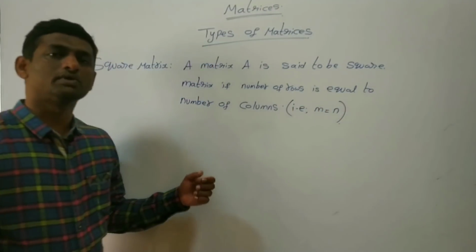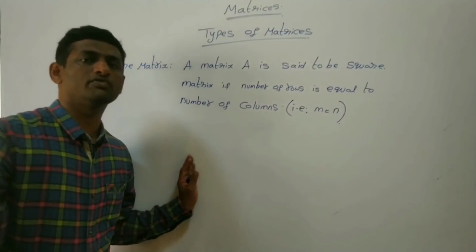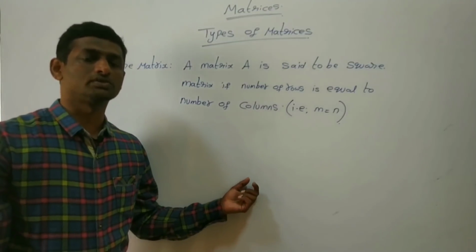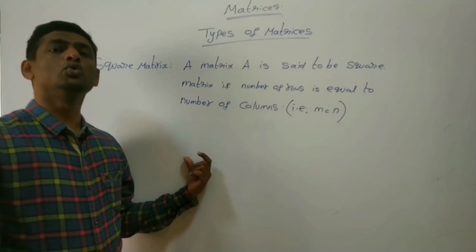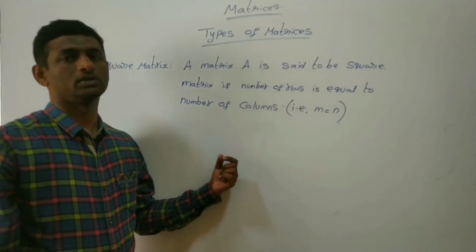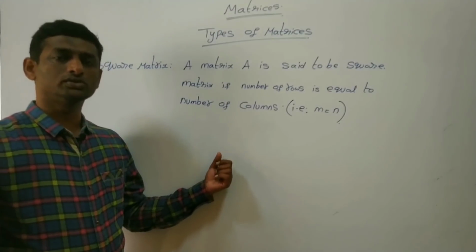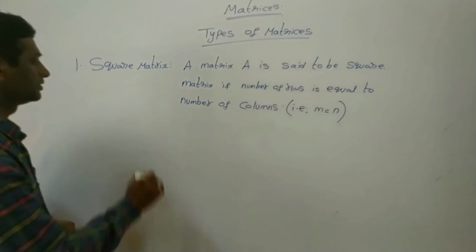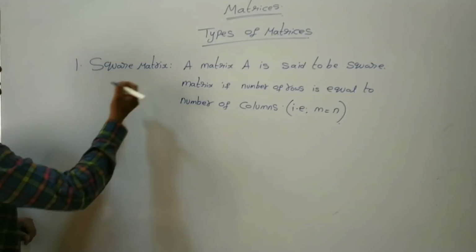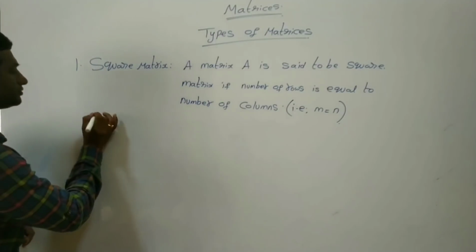Means sometimes we may have the number of rows equal to the number of columns, like one row, one column, that is 1 by 1, 2 rows and 2 columns, 2 by 2, 3 rows and 3 columns, 3 by 3. So in general, now we'll go for the general representation of a square matrix.